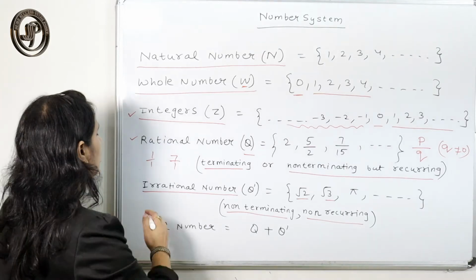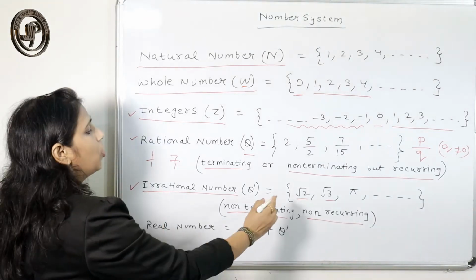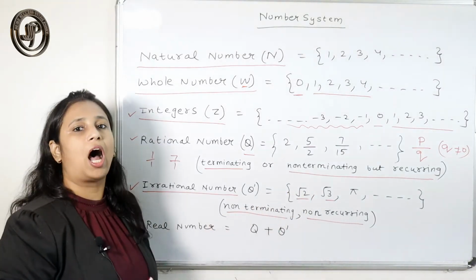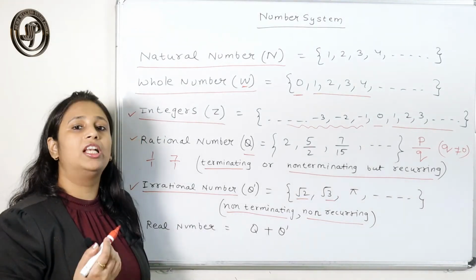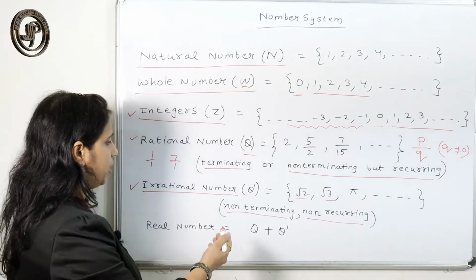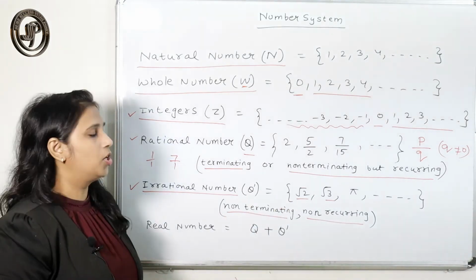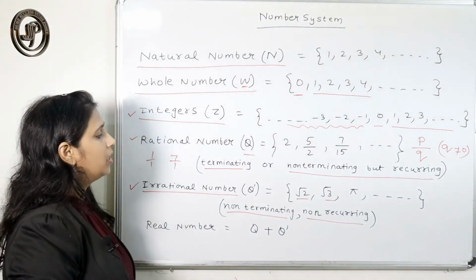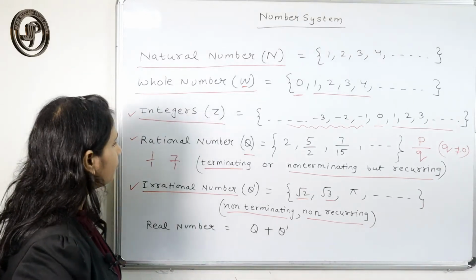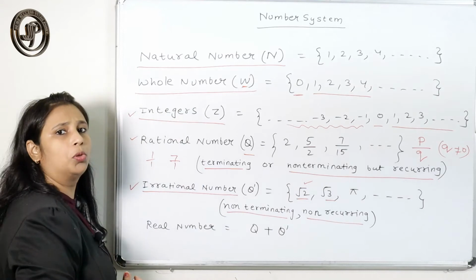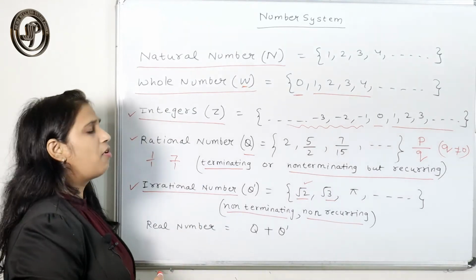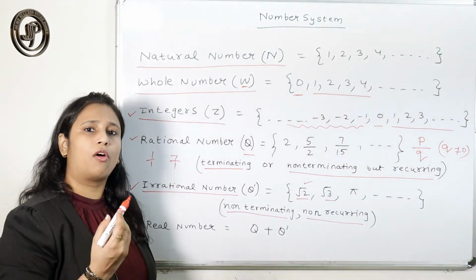are also irrational numbers, because these numbers are non-terminating, non-recurring. I'll show you how these numbers are non-terminating, non-recurring. You can even find out that number root 2, the square root of 2.